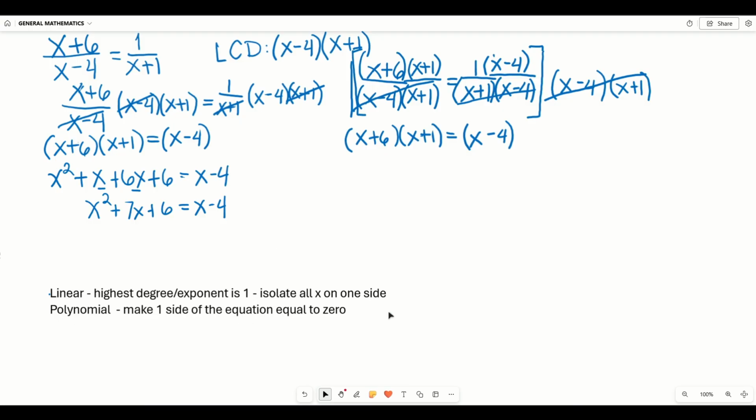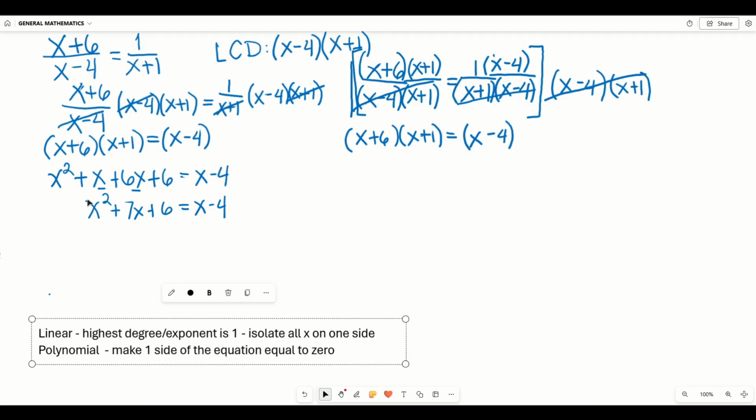So in this case, please note that our transformed equation has a degree of 2, or the highest exponent here is 2. So therefore, we need to make one side of the equation equal to 0. And to do that, you need to transpose all of the terms on one side of the equation to the other.